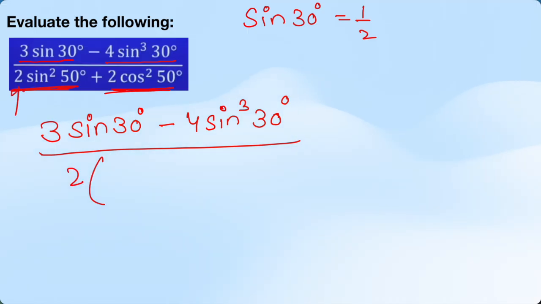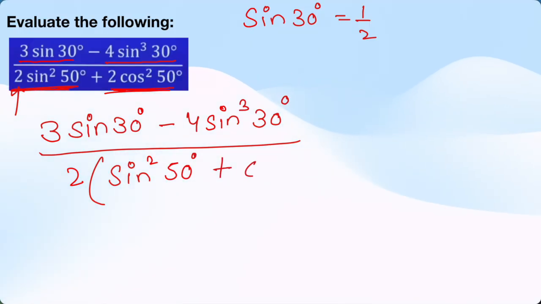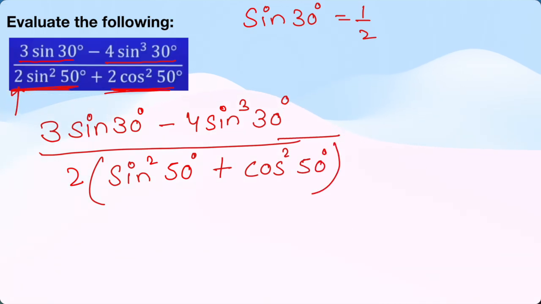After taking 2 common from here, sine square 50. In the second one, it will be cos square 50 degree. Is it okay? So sine square theta plus cos square theta, because the angle is the same. So what was the identity? Sine square theta plus cos square theta is 1. Good.